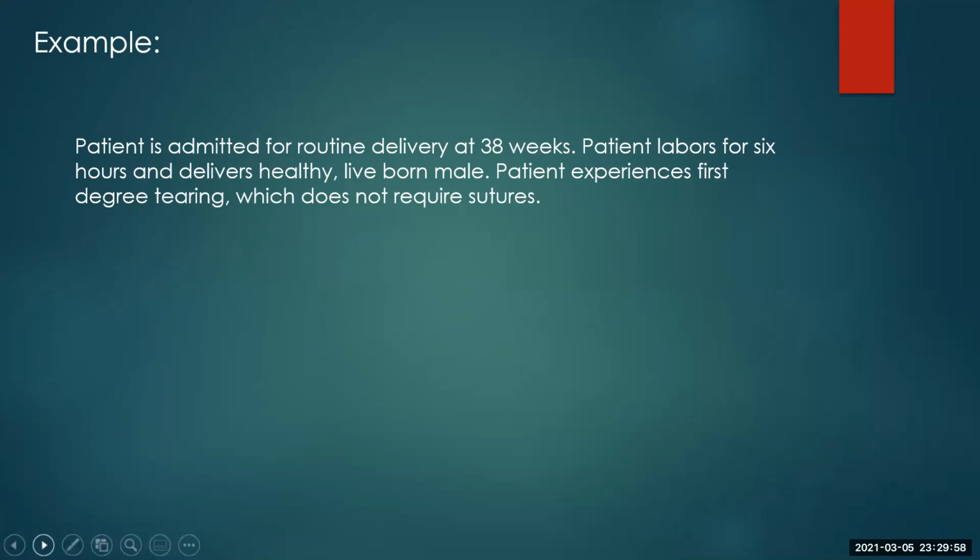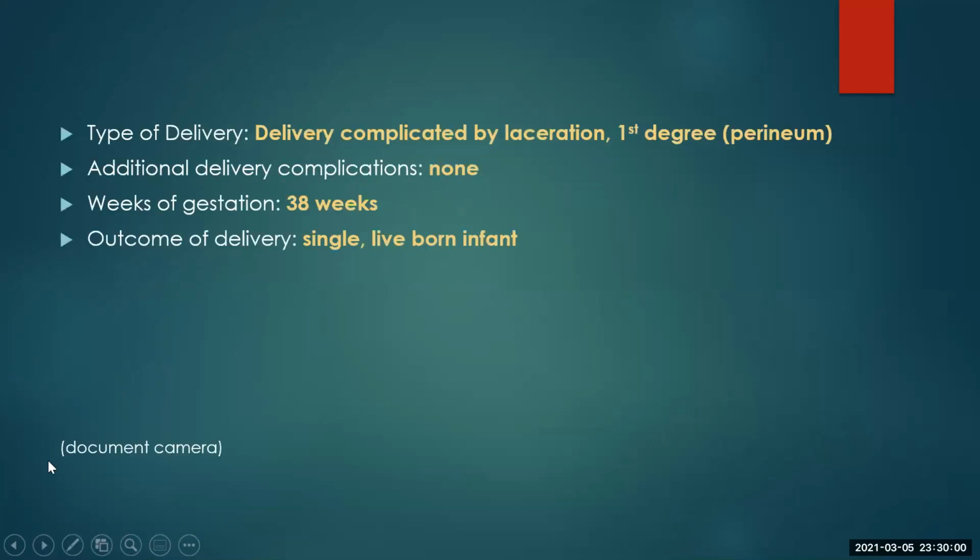So still a pretty straightforward situation, but let's go through what we're going to look at. The type of delivery was a delivery complicated by a first-degree perineum laceration. Very, very common. Were there additional delivery complications? No, it doesn't sound like anything else was happening.